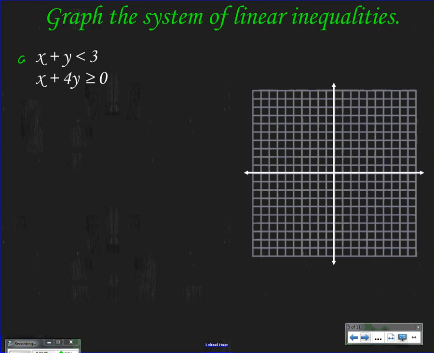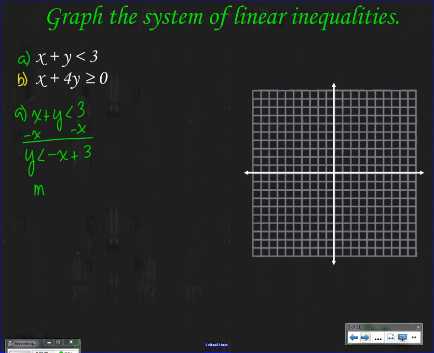So I have equation A, and I have equation B. So equation A says x plus y is less than 3. Solve for y, so I'm going to subtract x. And I have y is less than negative x plus 3.